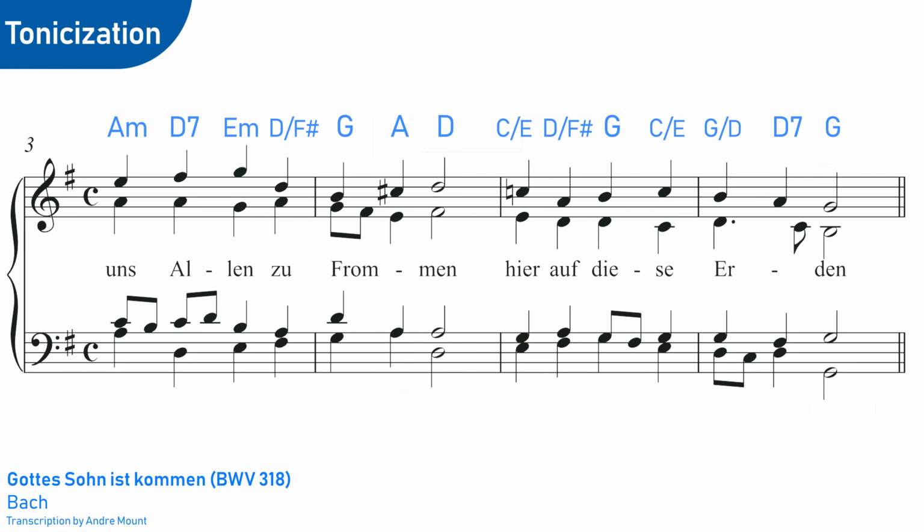For example, here, Bach temporarily treats the D chord here as the tonic chord as a point of resolution, despite us being in the key of G. But this is only a tonicization, not a modulation, because immediately after this point of resolution on the D chord, we continue back in the key of G major.